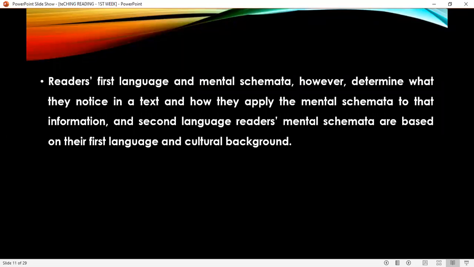The knowledge that we have in our language interferes with the process of reading because we have some different structures or different values or different cultural backgrounds. So sometimes it makes it a little complicated to understand or to get a meaning of the test, all right?